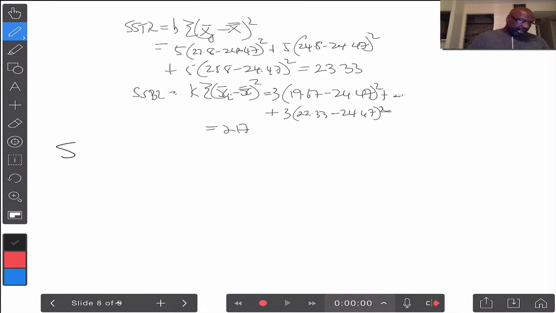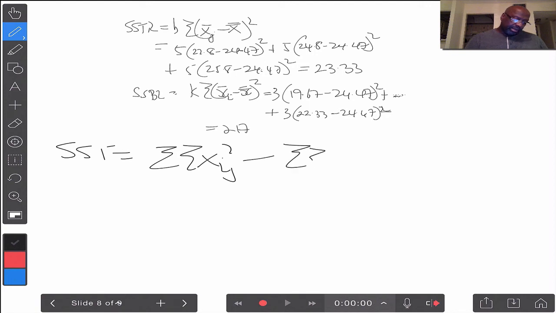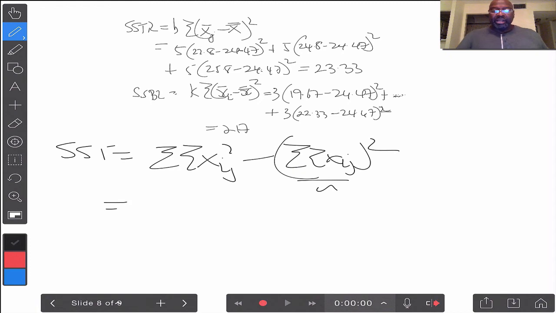Total sum of squares, SST, as I mentioned, is just the sum of xij squared minus the sum of xij all squared over n. I have to pause for a quick second to calculate these values.